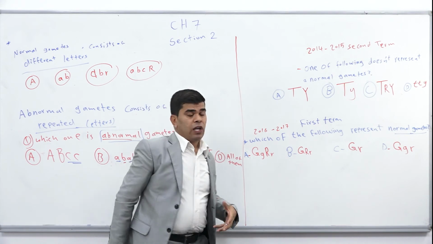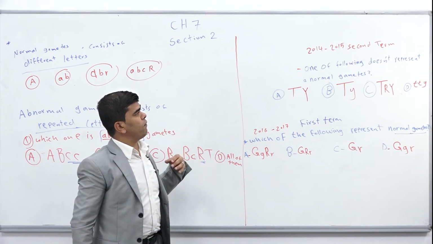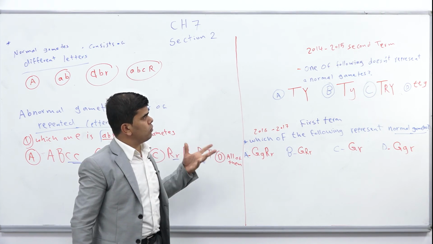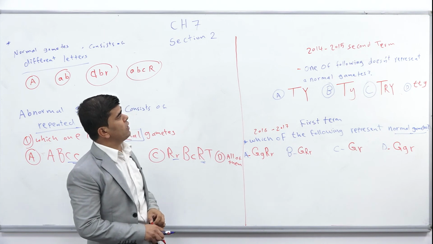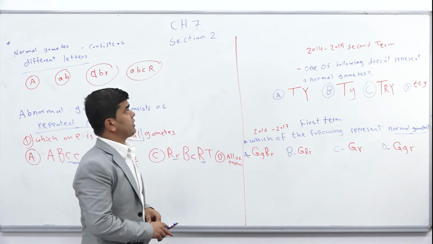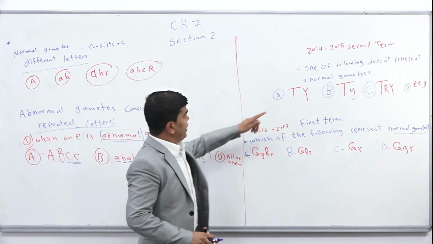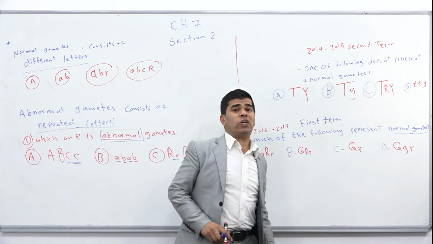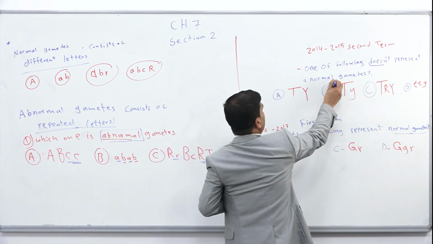We have another example about abnormal gametes and normal gametes. For example, in 2014 and 2015, in the second term, we had this question. The question said, one of the following doesn't represent a normal gamete. What does that mean?